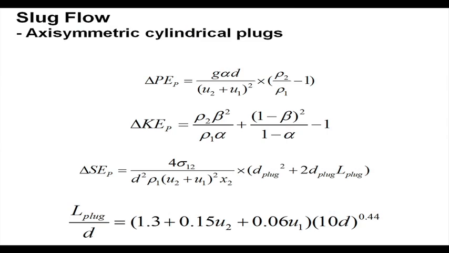We have used not only our experimental data, but also data from literature to develop this correlation, which gives us the plug length with respect to the diameter of the conduit in terms of the velocities of the two fluids as well as the diameter of the conduit, where the diameter is in millimeters.